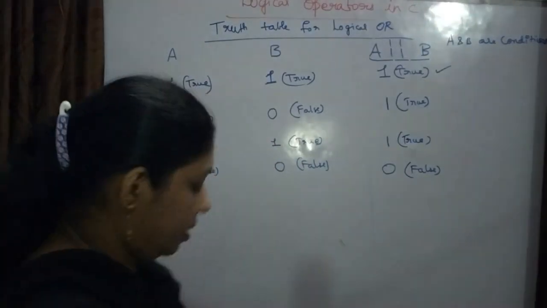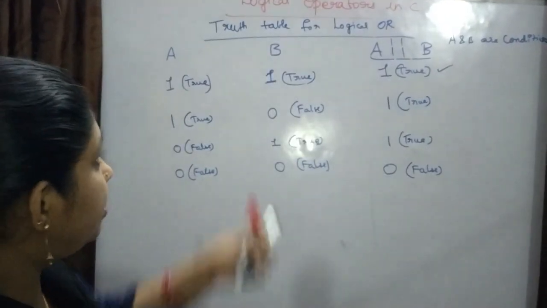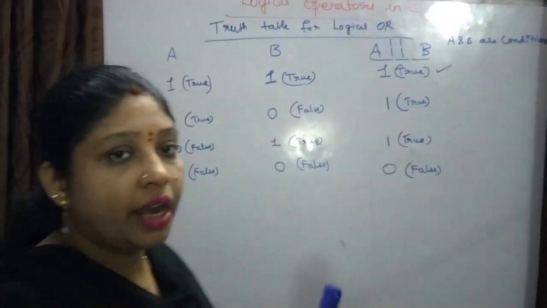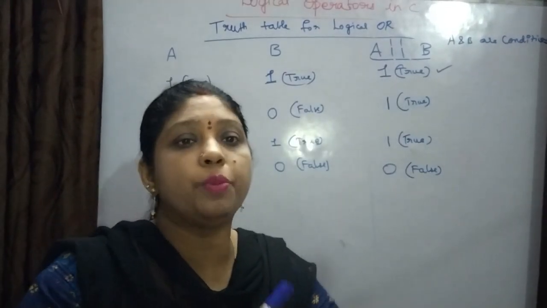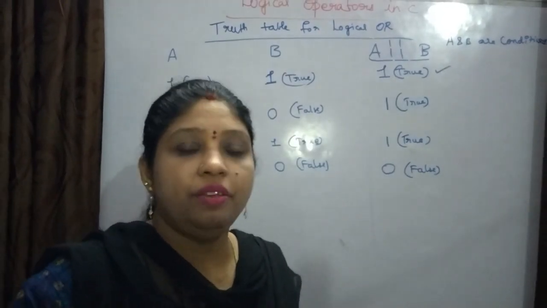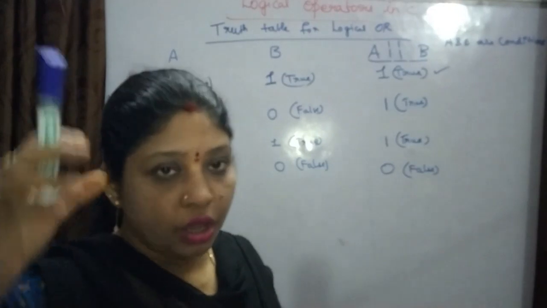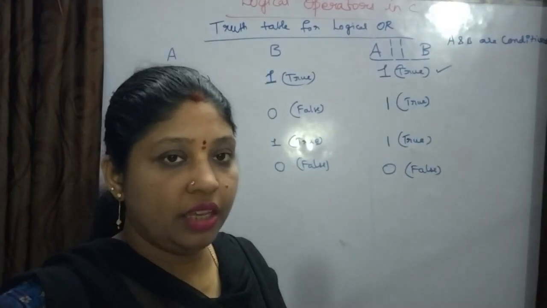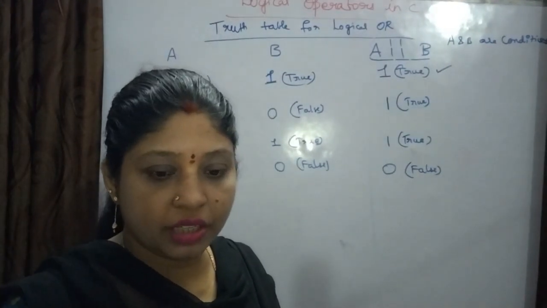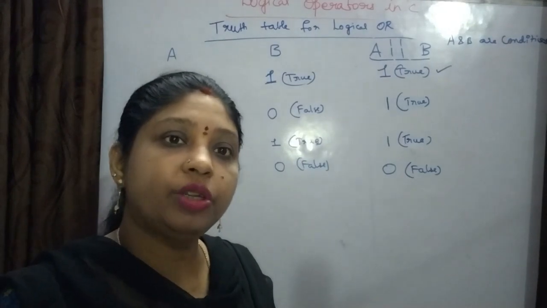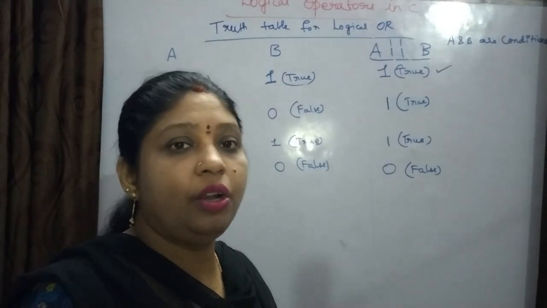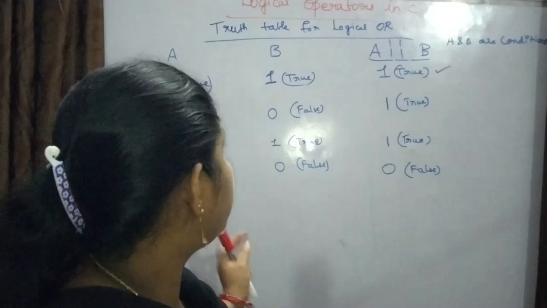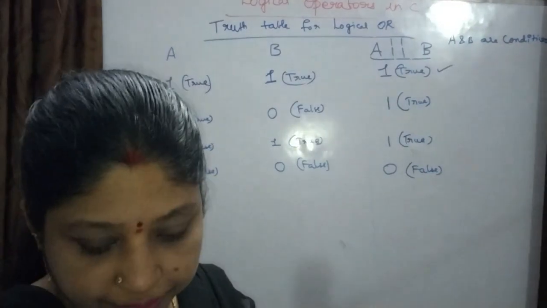Here you can observe that the truth tables of logical or and logical and are quite opposite to each other. The opposite of the logical and will be the logical or. Okay, so this is the truth table for or.